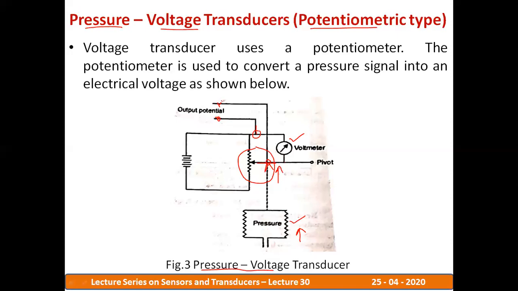That can be recorded between these two terminals, or the voltmeter itself gives the value. Correct? In this way, this pressure voltage transducer works. The voltage transducer uses a potentiometer. The potentiometer is used to convert the pressure signal into an electrical voltage.